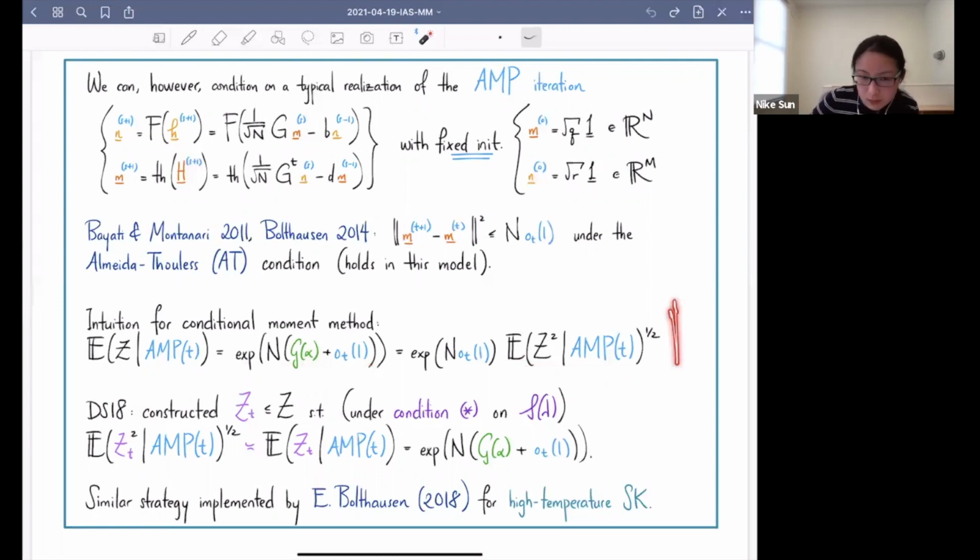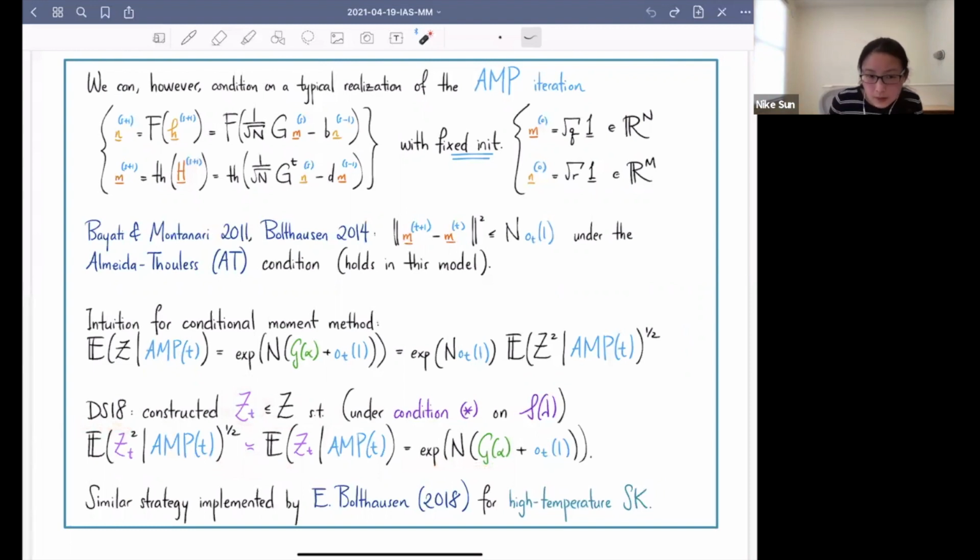There's some ongoing work with Erwin Bolthausen, Changji Xu and Shuta Nakajima, where we're trying to show some version of this. But the result of this paper is that we constructed a Z_T, which is a lower bound on the Z that we're interested in, such that we can show a moment result: the first moment is close to the correct value, and the second moment and first moment are comparable to one another.